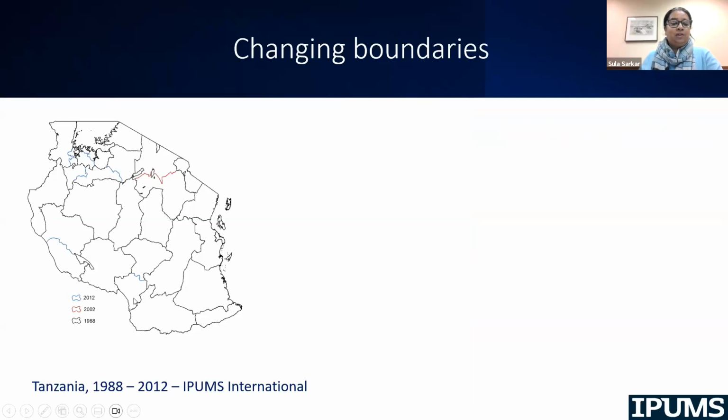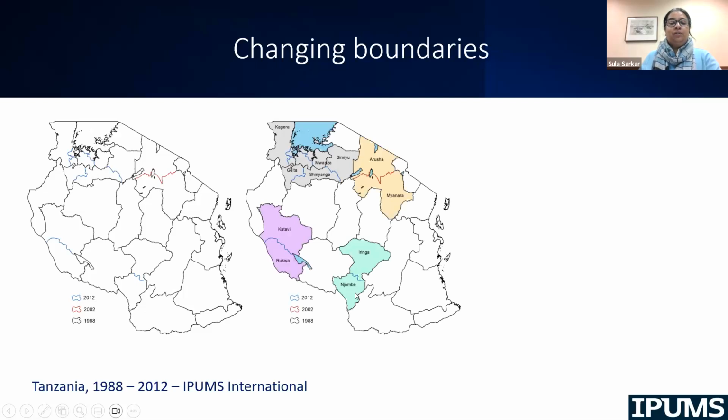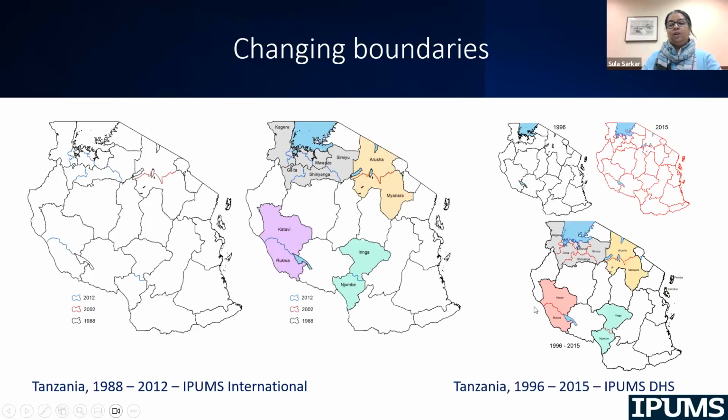So how does that look? Here we have 3 censuses from Tanzania in 1988, 2002, and 2012, and you can see all the 3 colors. Now I colored in the parts where there are changes. These 2 units changed. Here there was another change, and here there was another reorganization of units.